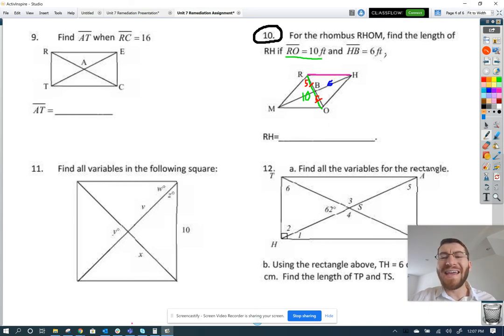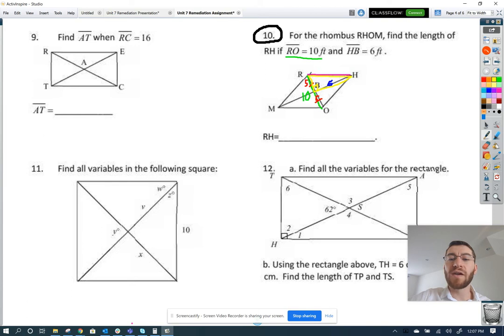Now we want to ask ourselves, how do we find a side of this triangle? A rhombus has diagonals that are perpendicular, and what that means is we actually have a right triangle.